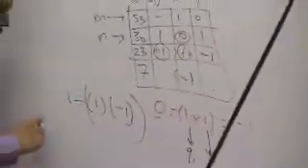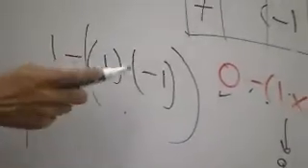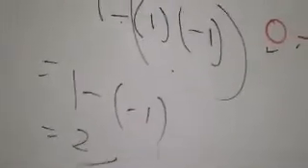What is this? 1 minus negative 1, two. So it is 2. Alright, so you have to be careful. So that's going to be 2. So this is what you have, and you want to keep going.